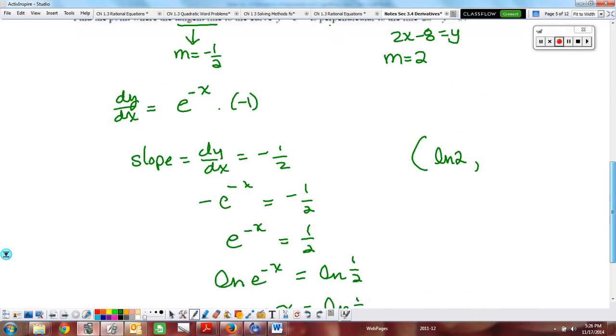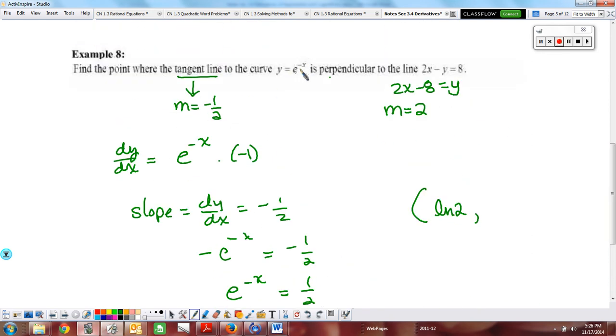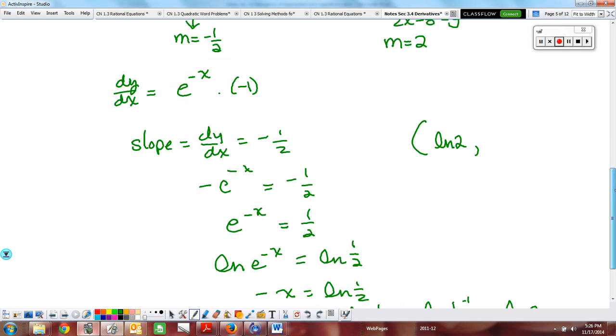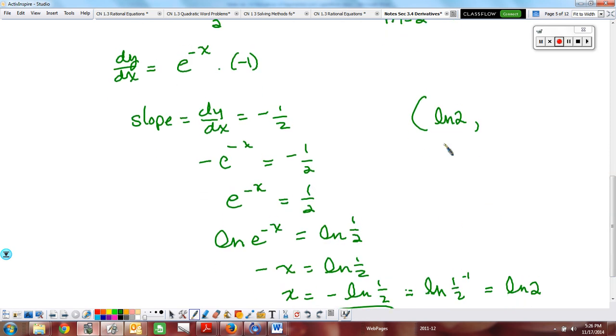And then the y value of the point we find by plugging that in. And so we would end up with e to the negative natural log of 2. Well, actually, I think I like the other version better. Let's go back to the one with the negative, because then I can cancel it out.